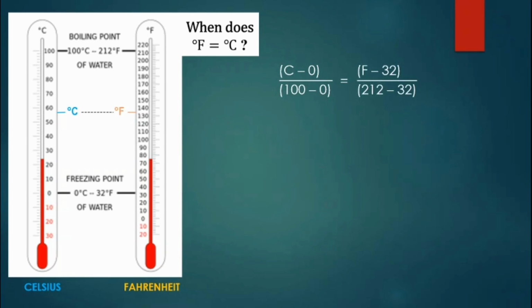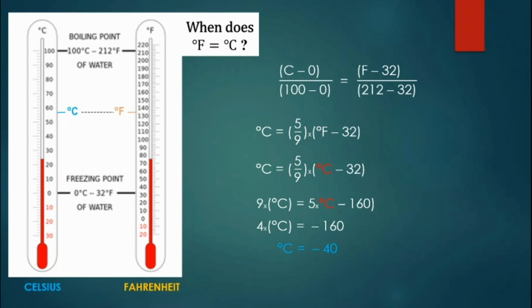And solving for the value of C in terms of F, we get C = 5/9 (F - 32).